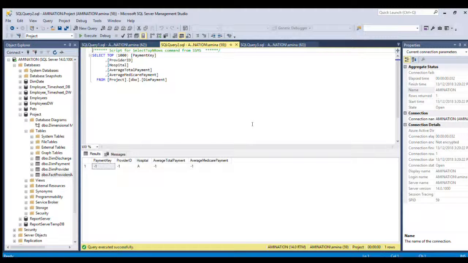Next is the dim payment table. This is the table for the dim payment data warehouse. And lastly, this is the table for the dim discharge data warehouse with the sample data. So that's all from our group for this project. Thank you.